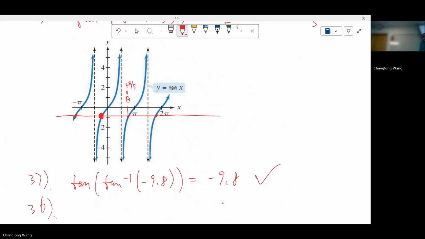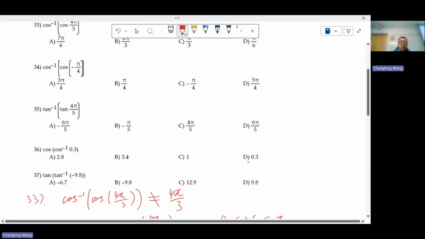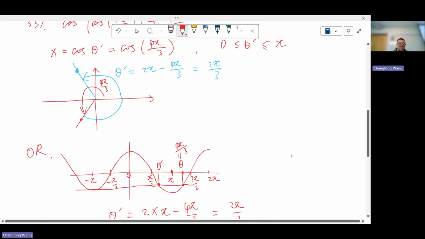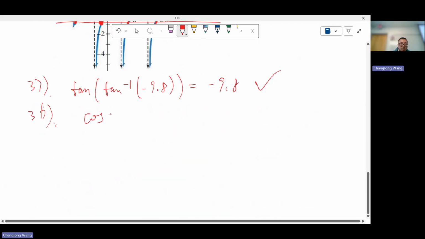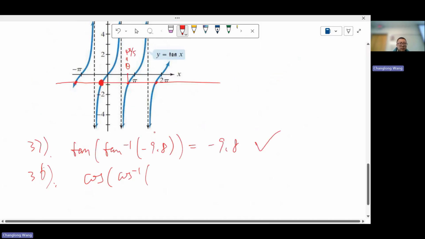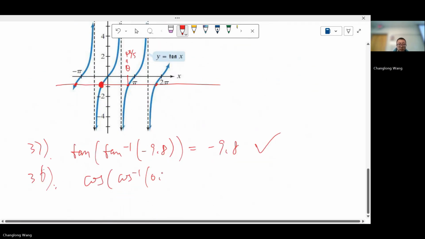Right. And let's see about 36. What is it? Cosine, okay, that's the decimal. That's a good one. Cosine inverse of what is that? Thank you, 0.3. All right, so again, you're going to guess.